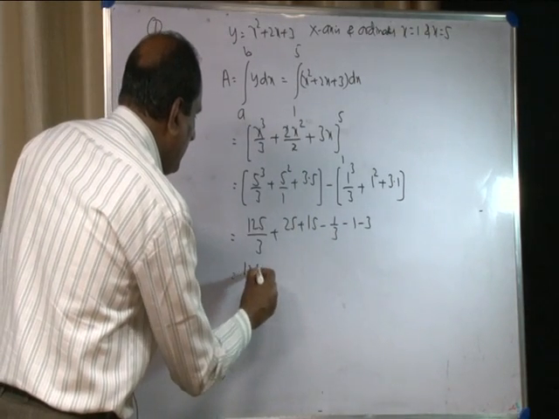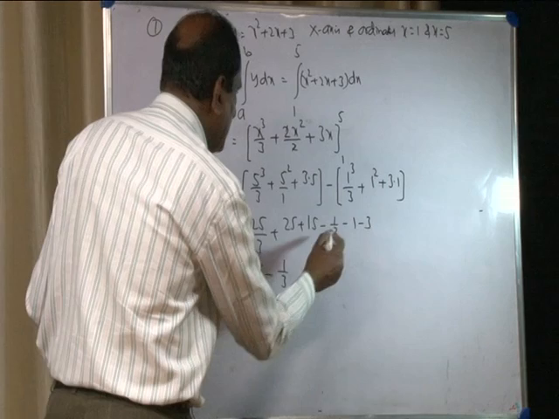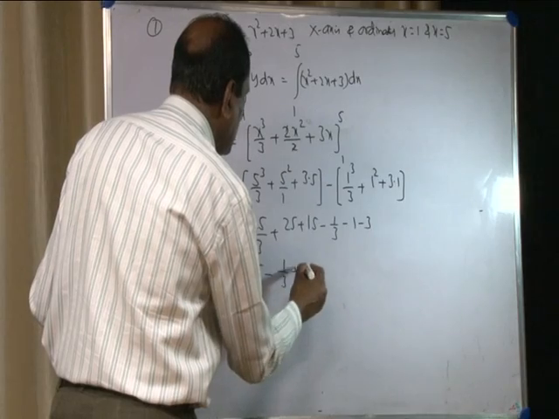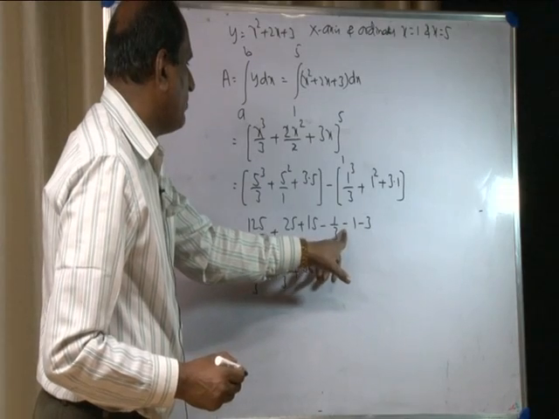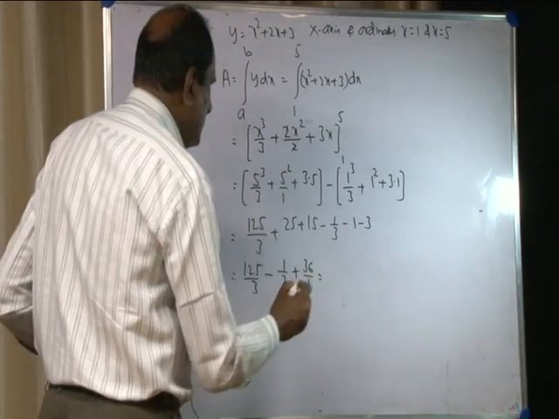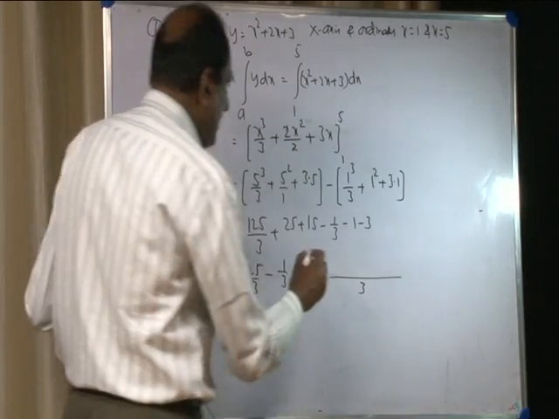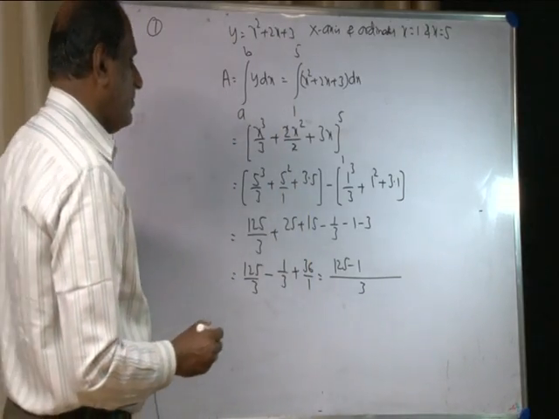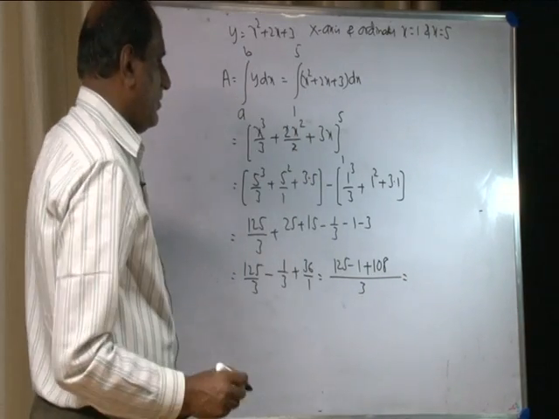We get 125 by 3 minus 1 by 3, and 25 plus 15 is 40, 40 minus 1 is 39, minus 3 is 36. Its base is 1. What is the LCM? LCM is 3. So, 125 minus 1, and 3 into 36 is 108, plus 108.